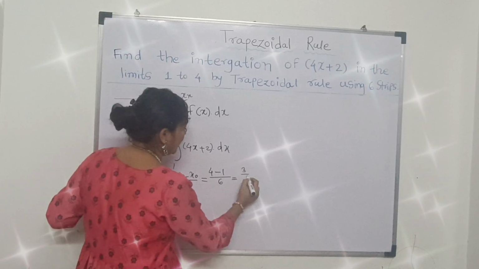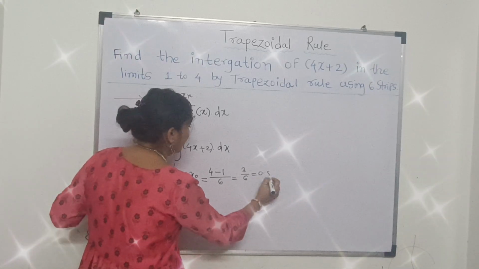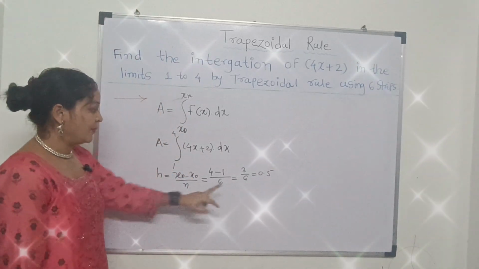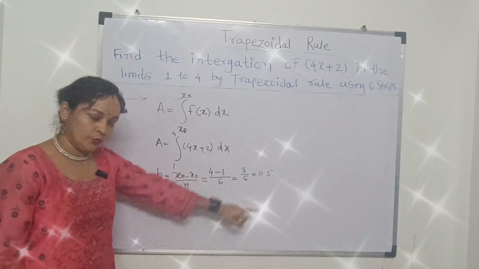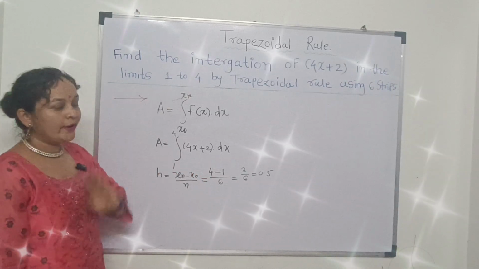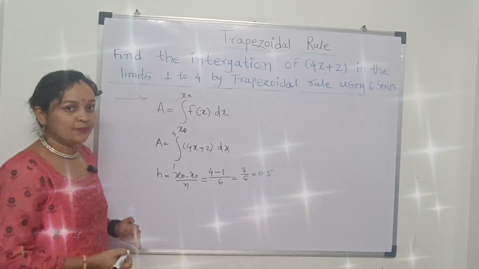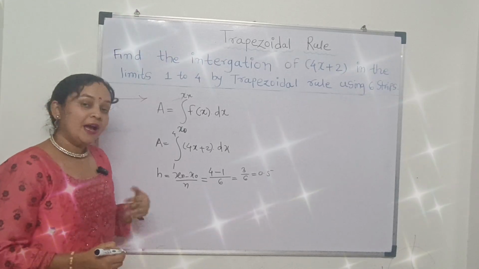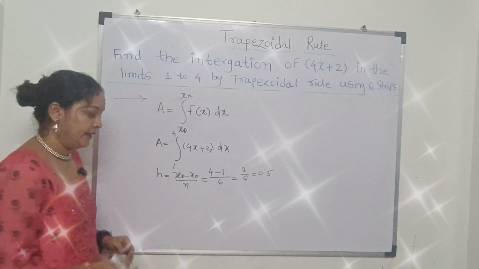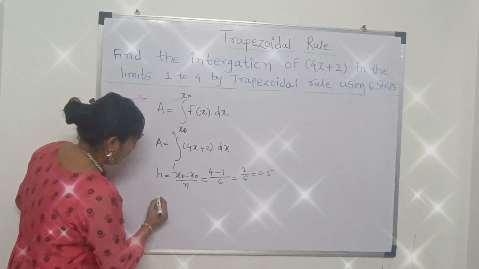So its value becomes 0.5. So the step function is 0.5. Now, according to the trapezoid rule, you are supposed to calculate the area of all the segments and later combine them. Right. So let us start.